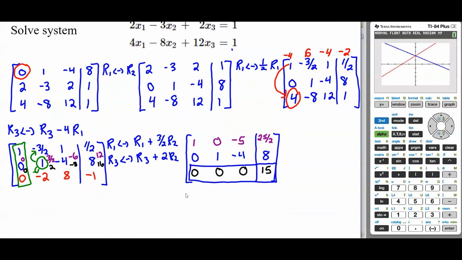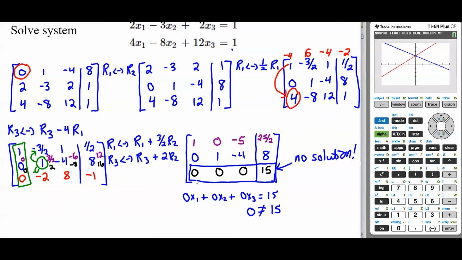So the equation says 0x1 plus 0x2 plus 0x3 equals 15. And that obviously can't happen, right? So the whole left side is 0, and 0 cannot be equal to 15. So this is an example where you get a system with no solution.